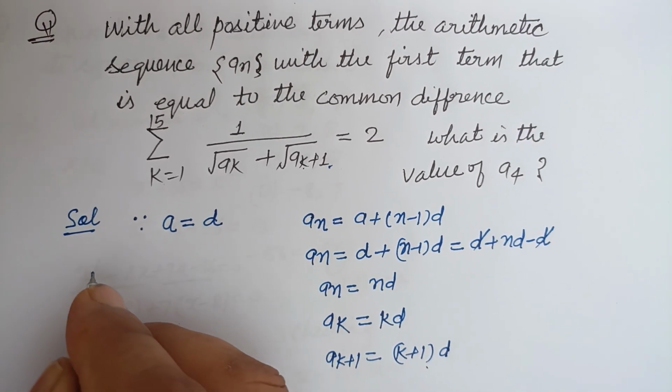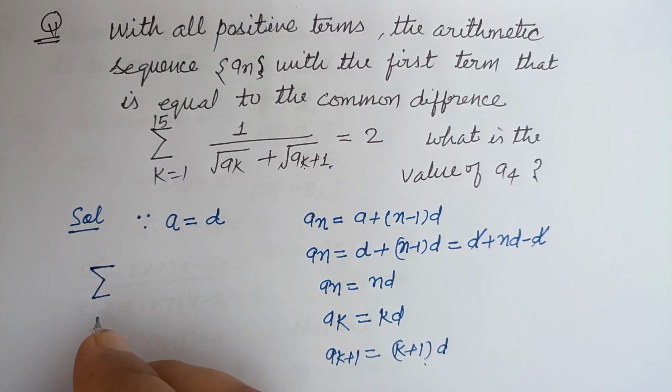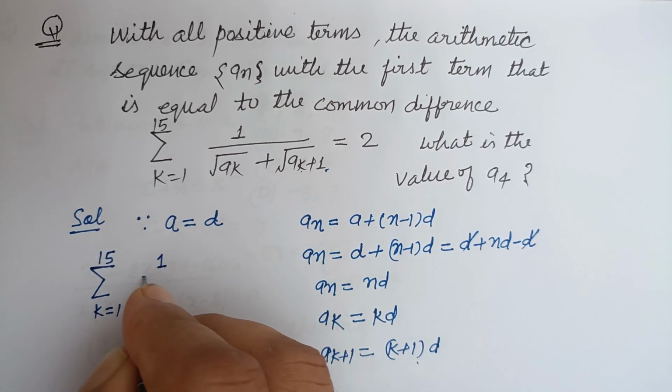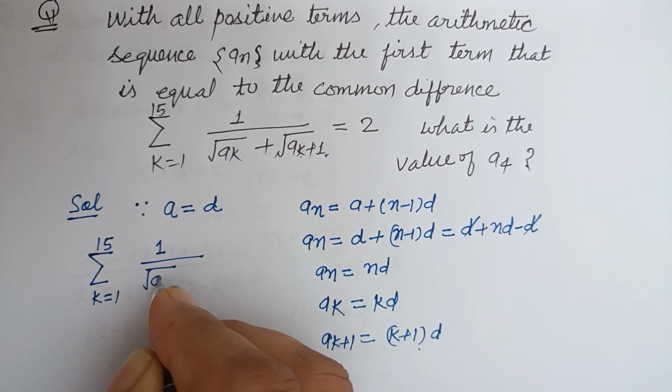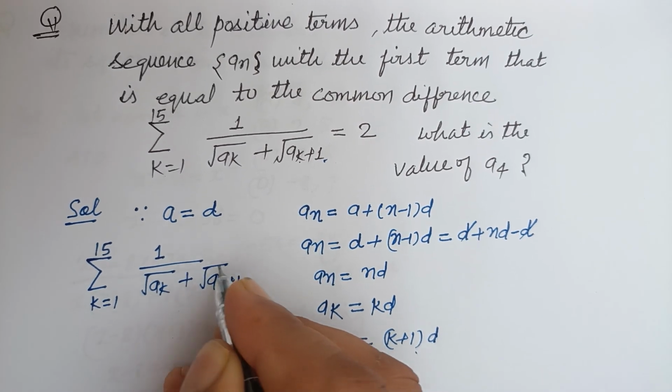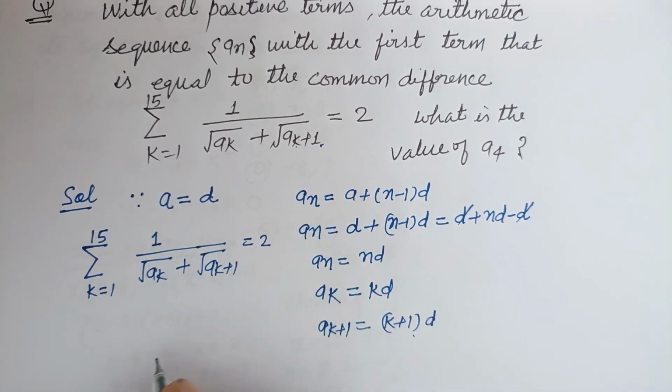Here it is given that the sum from k=1 to 15 of 1 upon (root a_k plus root a_(k+1)) equal to 2.